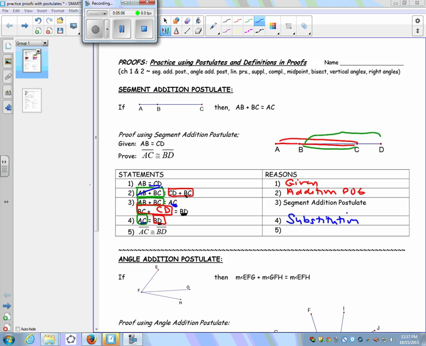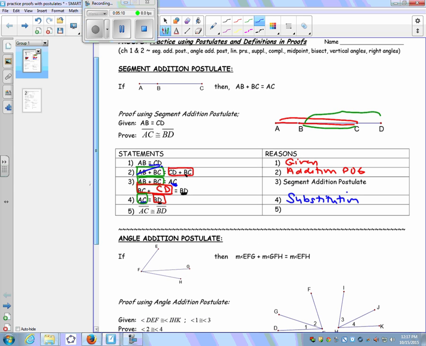You really have to justify what you're using. Okay, so since AC is equal to BD, we can say AC is congruent to BD by what reason? Definition of congruent, right? Whether we're going from congruence to equals or equals to congruence, your reason is going to be definition of congruent.